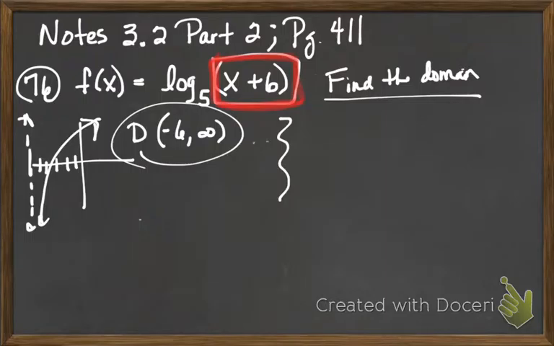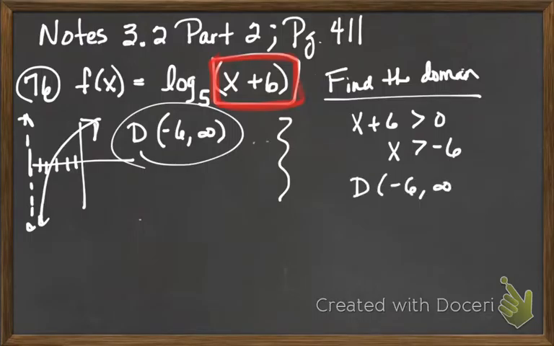So you could take what follows your little base, in this case x plus 6, and by definition of any type of log, even a natural log, that value must be greater than 0. Then you would just solve that for x, and that would also tell you your domain. So if x plus 6 has got to be greater than 0, then all of your x's must be greater than -6. And then you would say your domain goes from parentheses -6 to infinity.